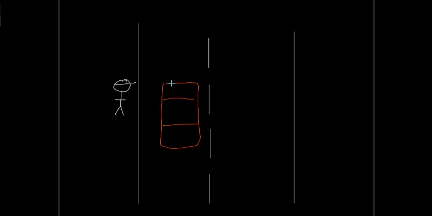Some red car moving this way with some small speed. And let's say there are 2 people in this red car. Finally, let's say there is a blue car coming up from behind.